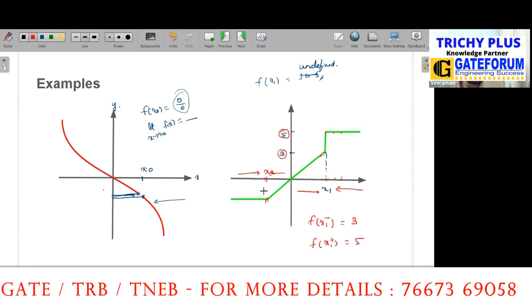Okay. See, why I want to give this point is it doesn't mean that the limit concept is applicable only when you are getting an indeterminate value. It's not the case. You can go for a limit even though it is giving some value.